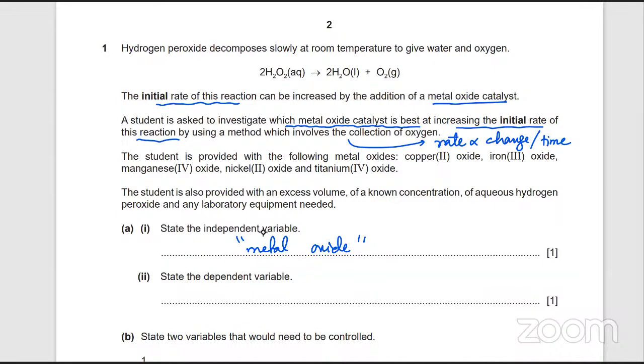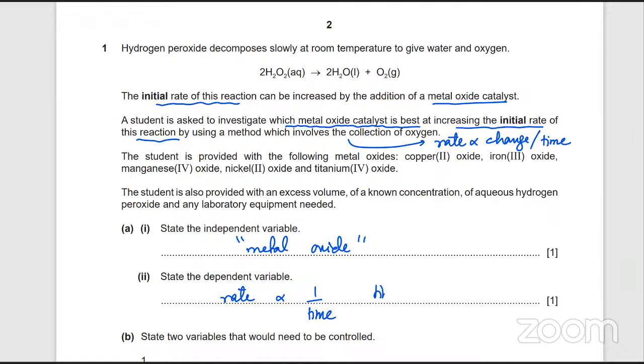And what will depend on it? What will depend on it is the rate, how quickly the reaction happens. So what did I say? Rate is basically 1 over time. The dependent variable is what you're going to measure: how quickly a certain amount of oxygen gas gets produced.